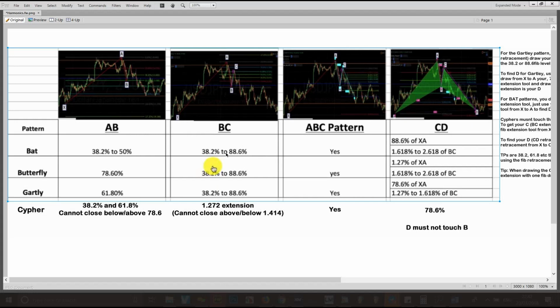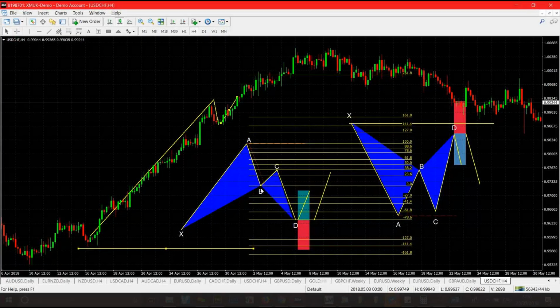So you can go 38, that's 38, or it can go as high as 88.6, but it mustn't get to A because A is 100% retracement. So it stops at 88.6, but now we chose to use the 38, assuming the market stopped at 38 before falling back. So that's why you have that.